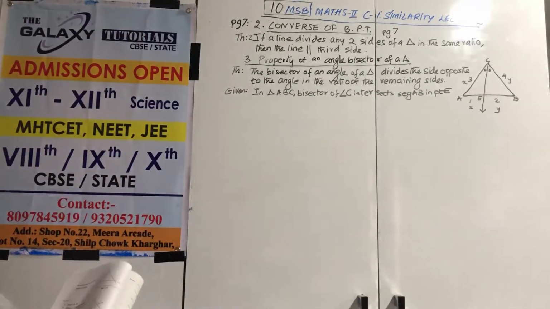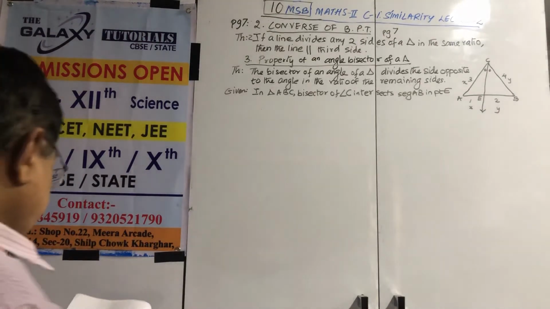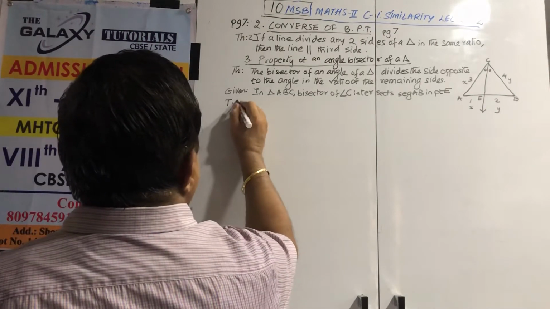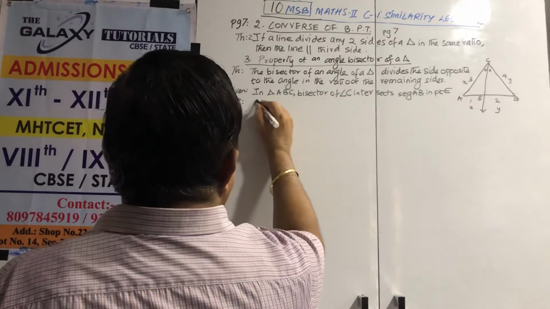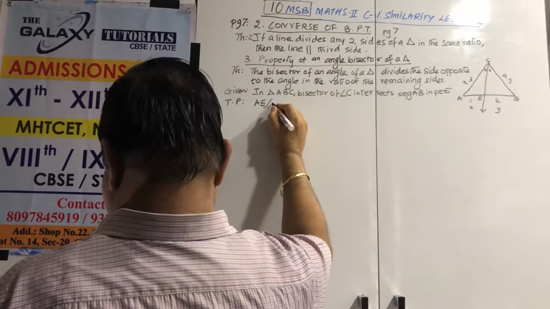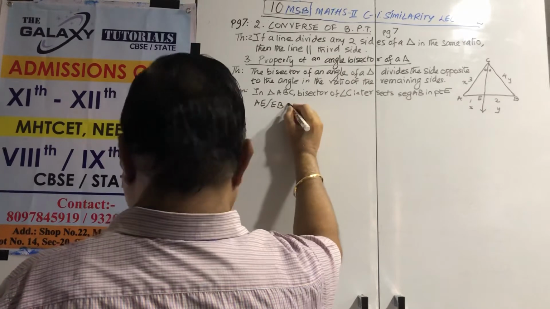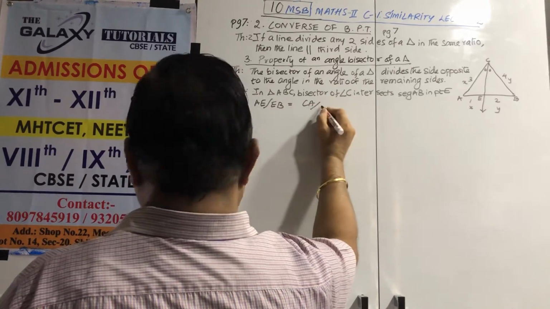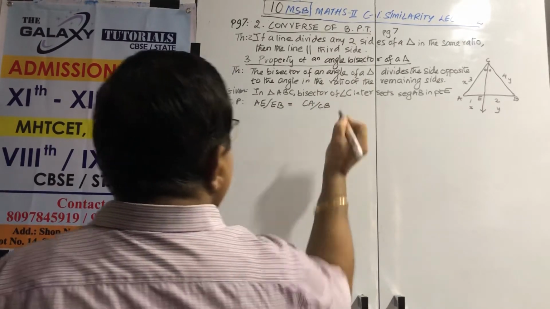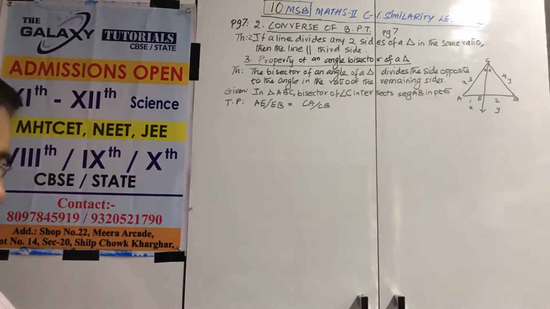I have a bisector and it cuts AB in E. I have to prove AE upon EB is equal to CA upon CB.